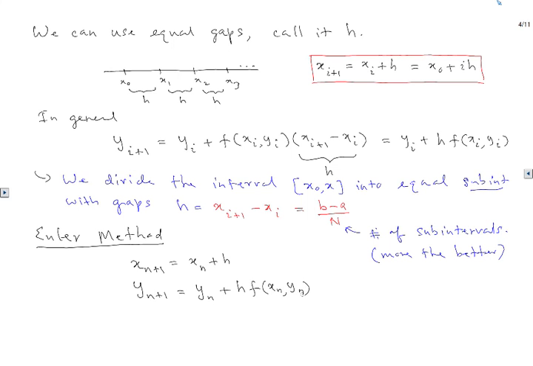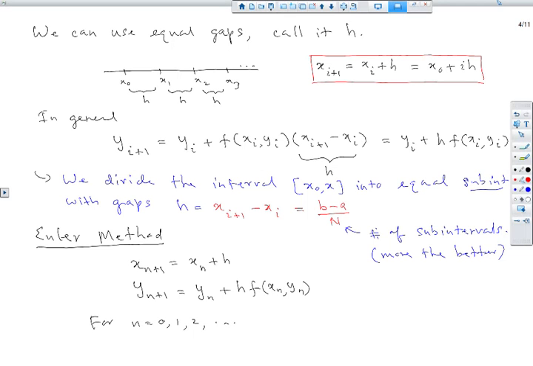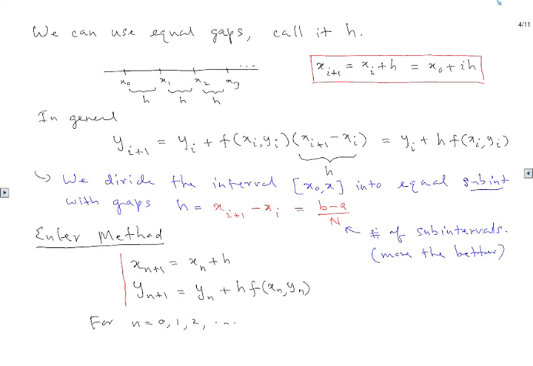You can use n or i, it doesn't really matter. This works for n starting with 0, 1, 2, like that, depending on how many points you need. So this is Euler's method. It's very simple.